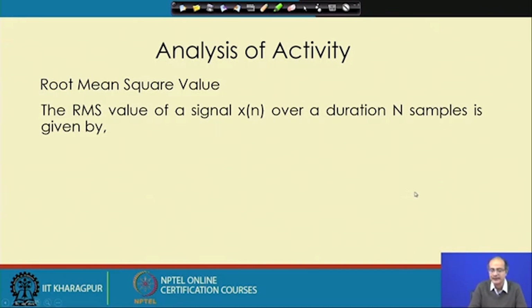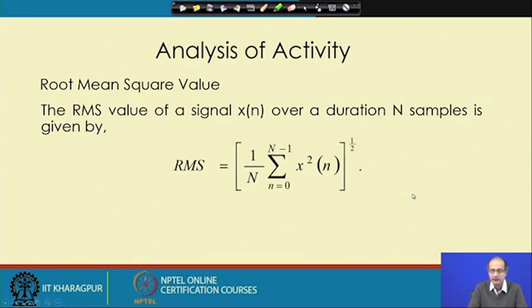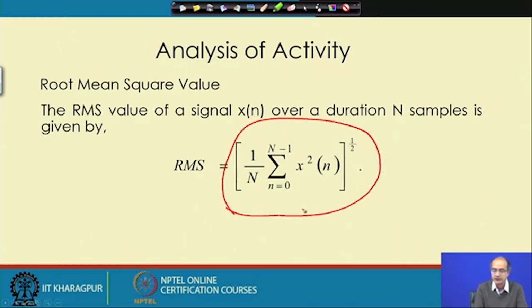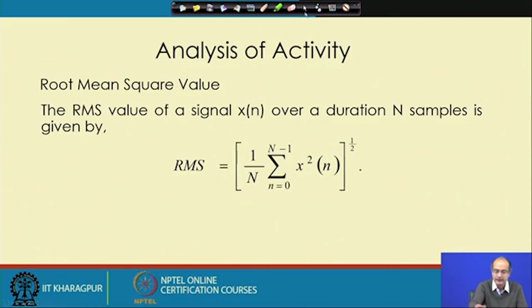If we have a signal x[n] and we have N samples of it, the RMS can be given by this formula: we compute the RMS value as the square root of the average of the individual instantaneous energies of all those instances. This is the formula that can help us to get the RMS value.